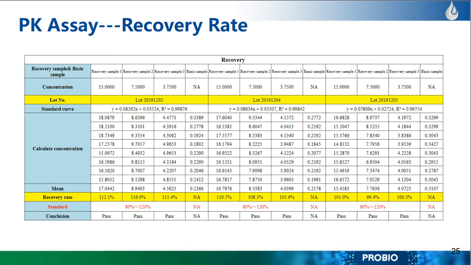Besides that, the recovery rate is also a critical QC parameter for the kit development. The known concentrations of standard samples will be tested, and the detected OD is used for calculation of the concentration. The difference between the standard concentration and the calculated concentration is called the recovery rate, and generally needs to be controlled within 80 to 120%.